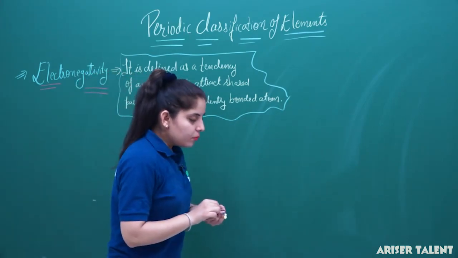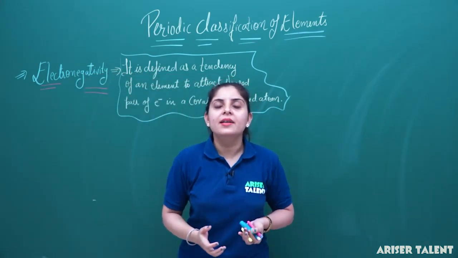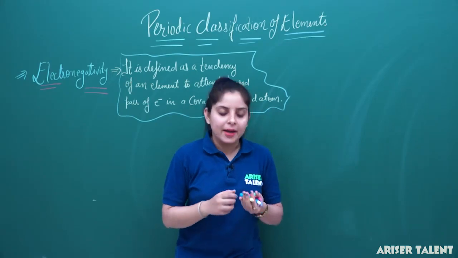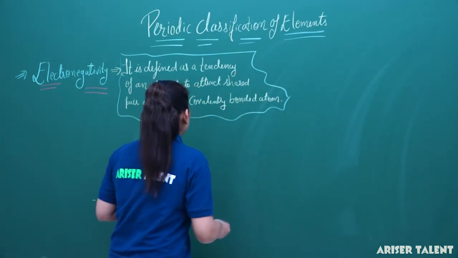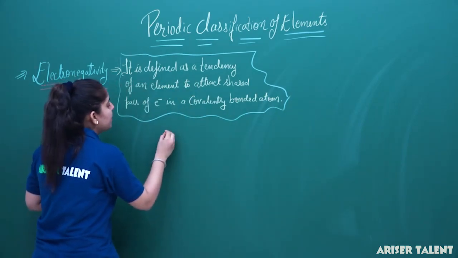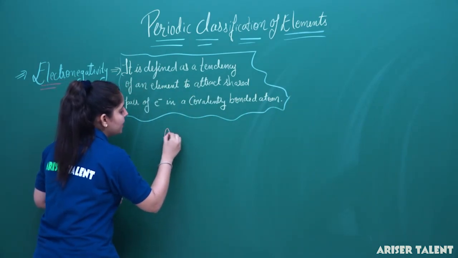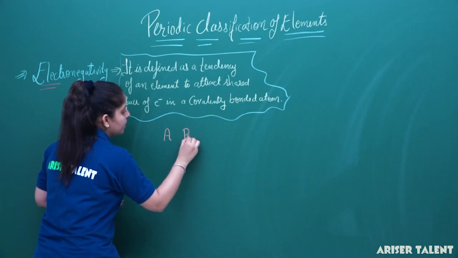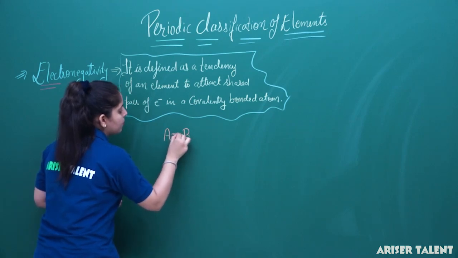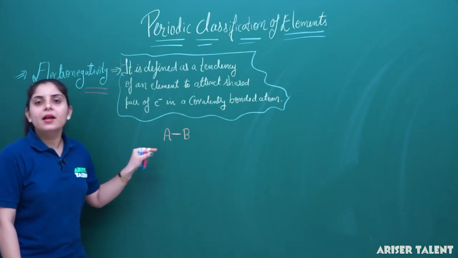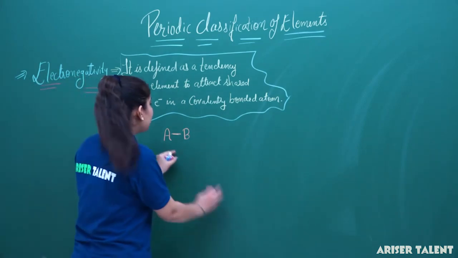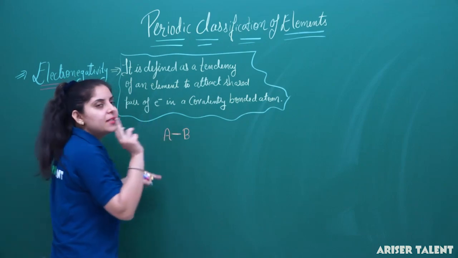Now let us move to understand what electronegativity actually is. For describing this, I am considering two elements forming a compound. You can see here, this is a metal A and this is a metal B, and these are bonded by a single bond.